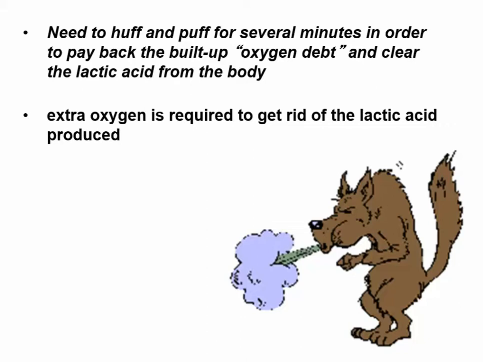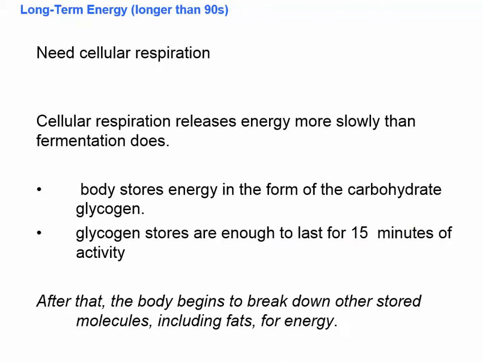That helps to clear the lactic acid, and it's also needed for cellular respiration. And we know that cellular respiration releases energy more slowly than fermentation. For cellular respiration, we get it from the glycogen, and that's enough to last for 15 minutes.